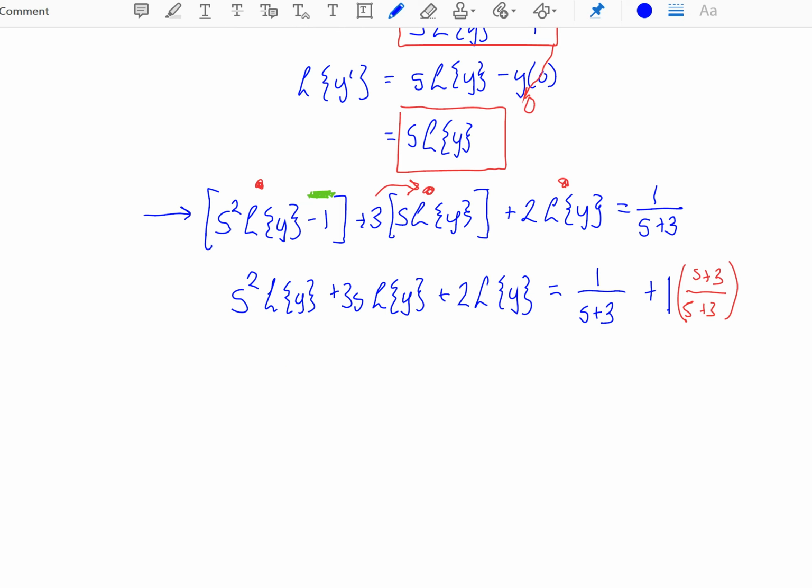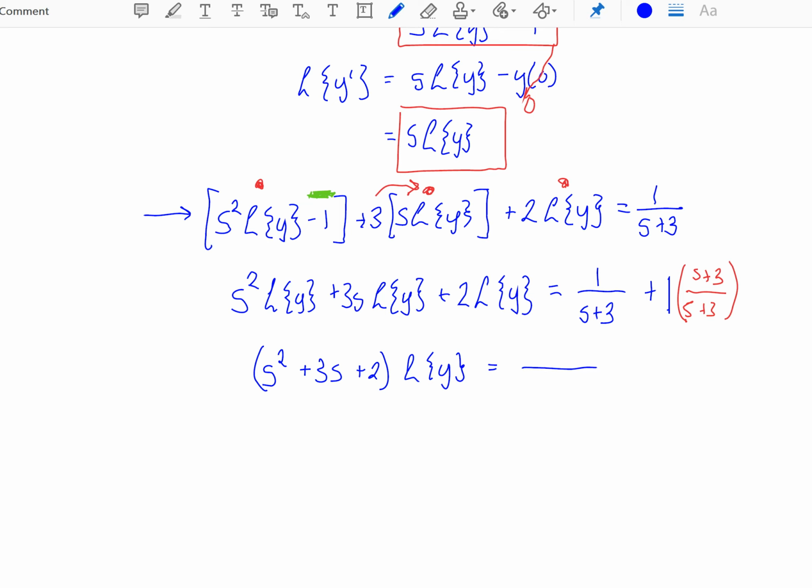Now on the left-hand side, let's factor out our common term of the Laplace of y. On the right-hand side, since our two terms now have a common denominator, we can add those together.